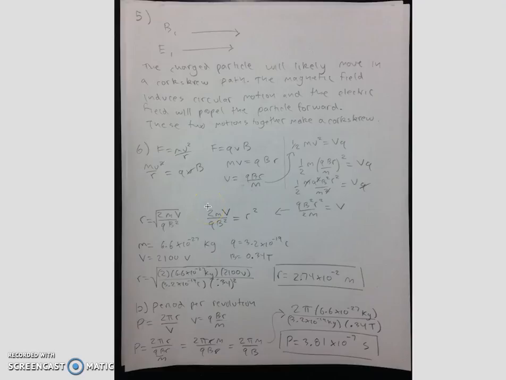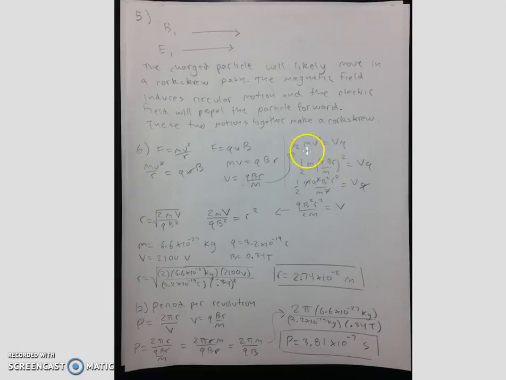So for the first problem, we're asking for the radius, and so I solved this. There is some algebraic manipulation here. I took my force equation, solved it for mv, and then I plugged it into the energy equation, which is the 1/2 mv squared.